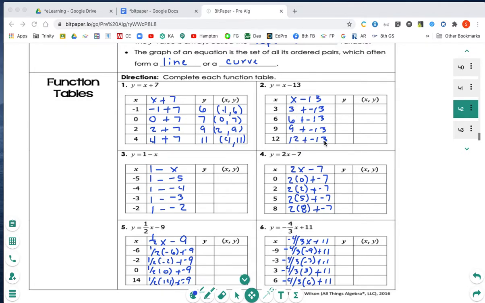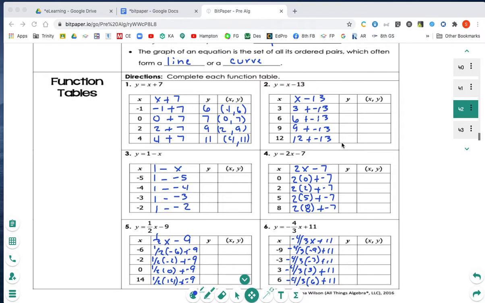Now what we're going to do is generate our y's. So 3 plus -13 is going to give us -10. 6 plus -13 gives us -7. 9 plus -13 gives us -4. And 12 plus -13 gives us -1.